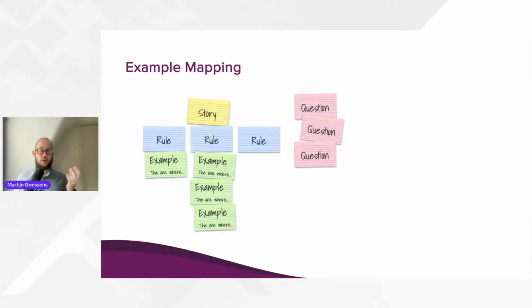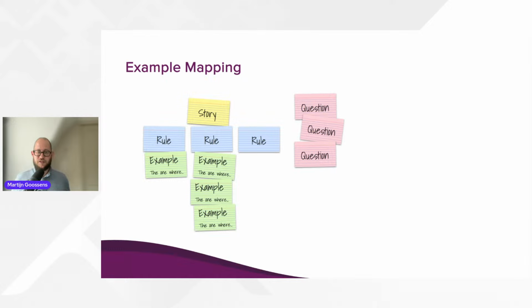Now, not everybody will understand what rules are, and I will show you some examples. But rules basically follow, and then we want to understand that we're all on the same page, that we have the same understanding. We use green stickies for those examples. One easy way to think about this: have you seen Friends, the TV show?